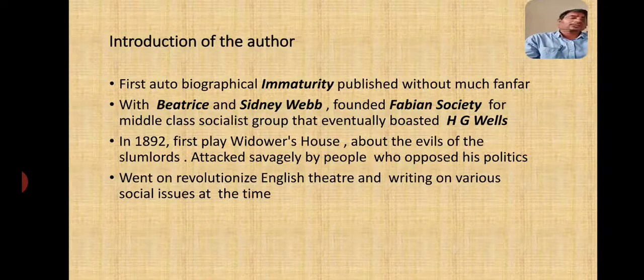He wrote his first novel, Immaturity, which was published without much fanfare. Thereafter, with Beatrice and Sidney Webb, he founded the Fabian Society, a middle class socialist group that eventually boosted H. G. Wells.